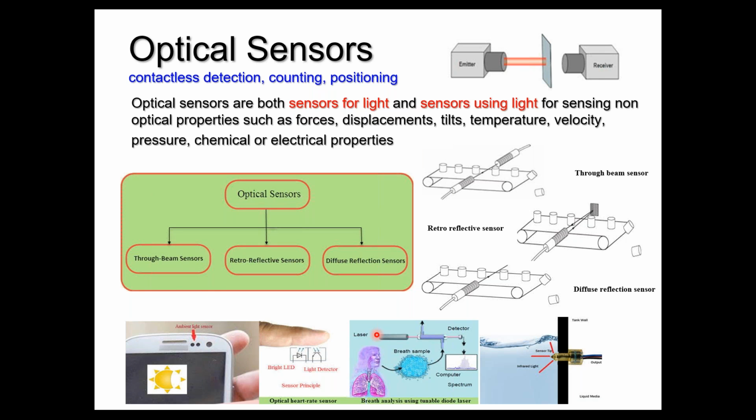These are some of the day-to-day applications that we encounter: ambient light sensing, the optical heart rate sensor, then breath analyzing, then the water level sensor, etc. These are simple sensors that we use in devices.